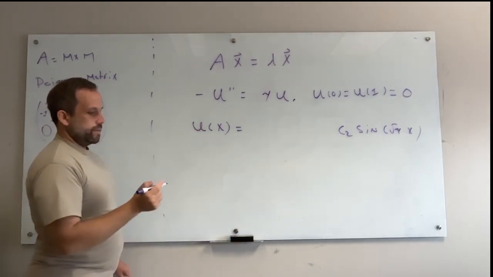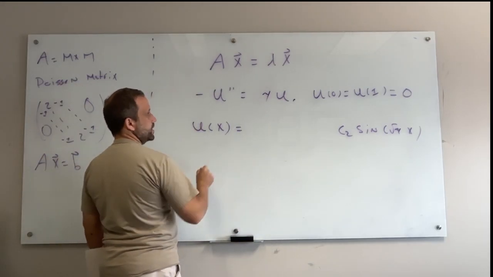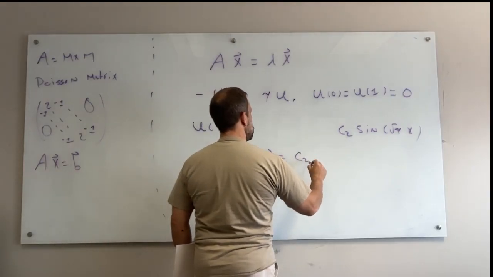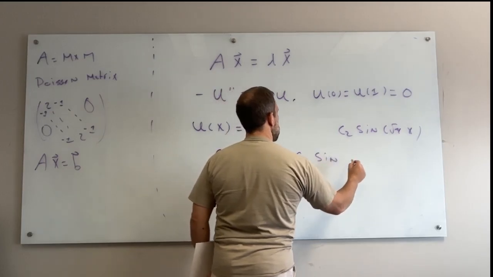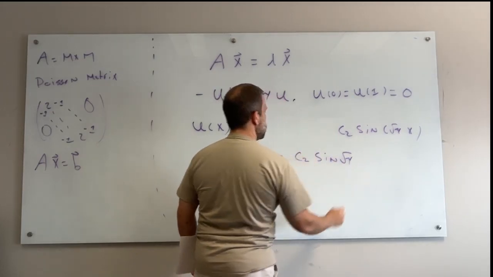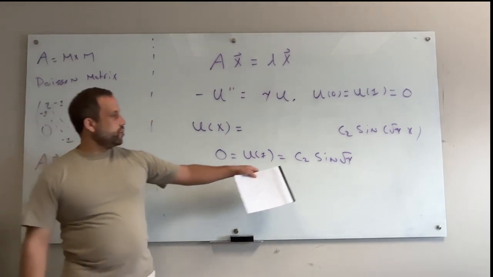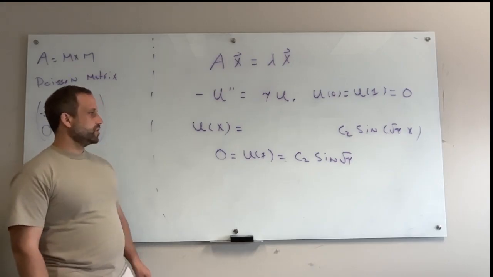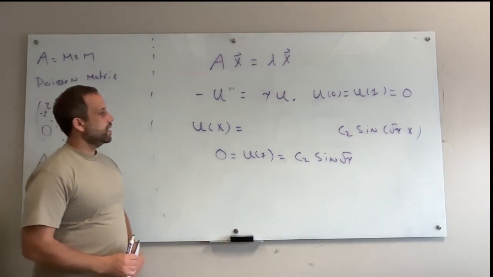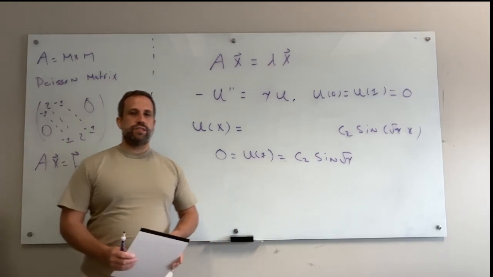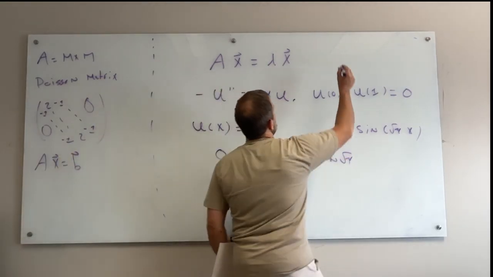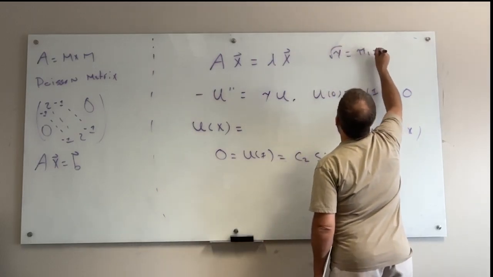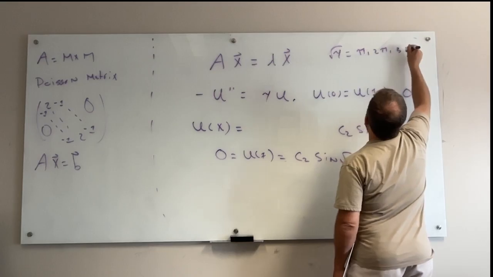What about for sine? Well, if we look at the boundary condition at 1, we get 0 equals u of 1, and this is equal to C2 sine of the square root of gamma, since x is equal to 1. Now, if C2 is equal to 0, then we just get the trivial solution, the 0 solution. We don't want that. We want a non-trivial solution. So it means that sine of the square root of gamma has to be equal to 0. In other words, the square root of gamma is going to be equal to pi, 2 pi, 3 pi, and so on.